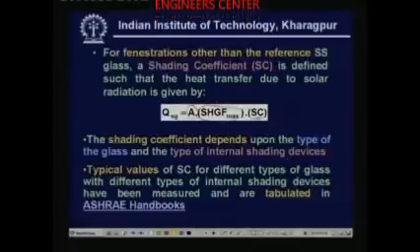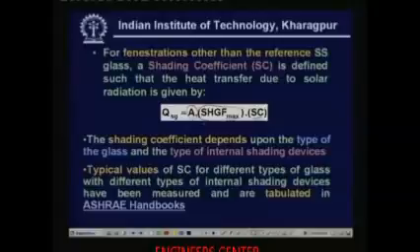So, the shading coefficient is nothing but the heat transmitted through the actual glass divided by the heat transmitted through a standard glass. That is how it is defined, and it depends upon the type of the glass and also on the type of the internal shading devices.